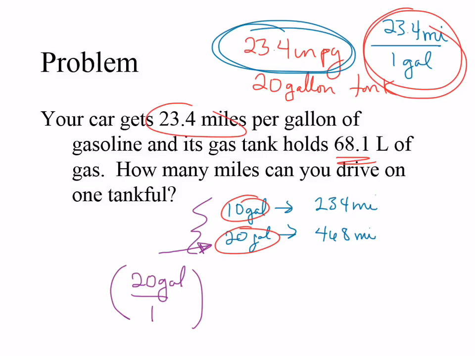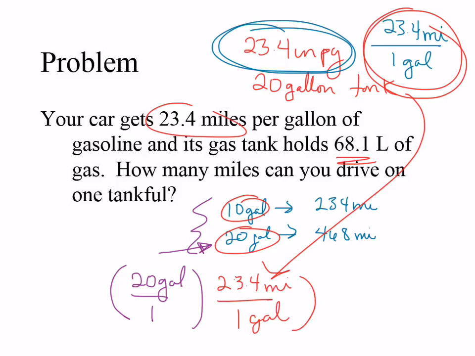And it looks just like this. 23.4 miles in 1 gallon. So what happened to the gallon units? They both canceled out. What units are we left with? Miles. And actually, that's working this problem, setting it up like you need to set it up.